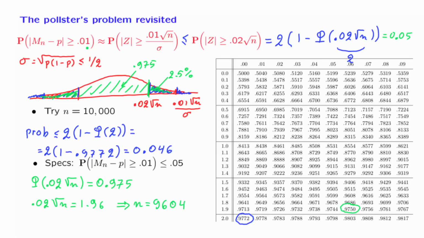Usually, they tell you that the results are accurate within 3 percentage points, let's say, instead of 1 percentage point. And by moving from 0.01 to 0.03, and if you repeat those calculations, you will find that a sample size of about 1,000 will actually do.